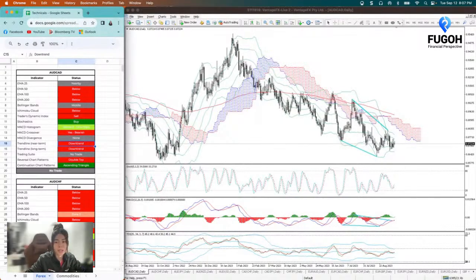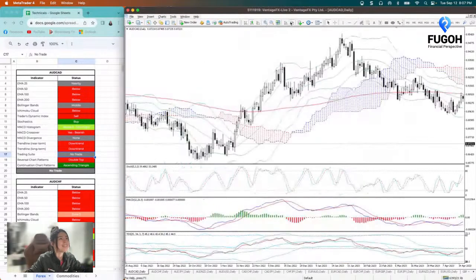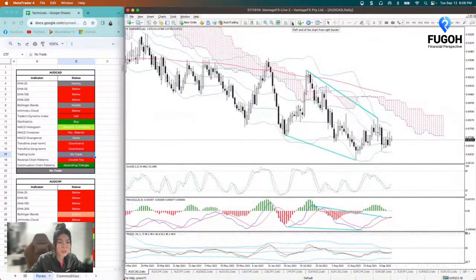Trading suite. I don't have access to my trading suite right now. So let's keep it no trade because I don't see it right now. Oh, by the way, if you don't know what the trading suite is, this is actually a trading system. All right, the correct term is system. It was devised by a trader friend of mine, Alex Manabat from Vantage Philippines, Profit Tech Philippines. Hi guys.